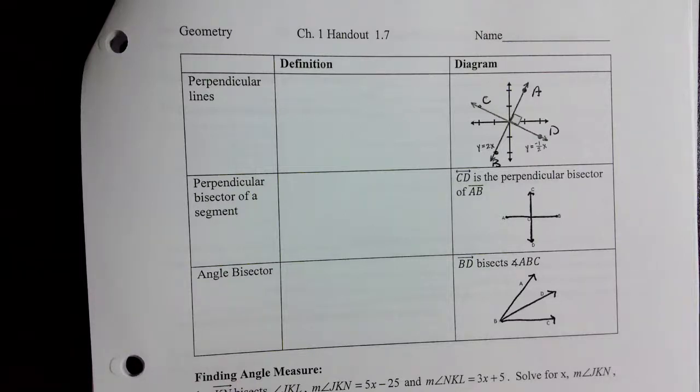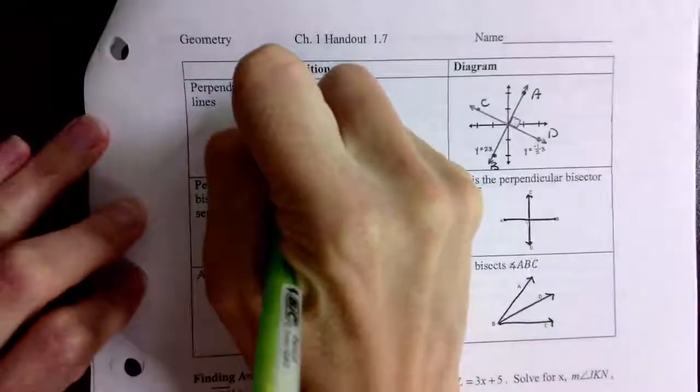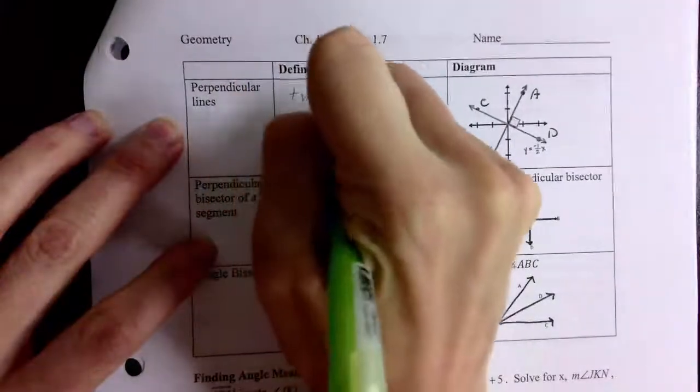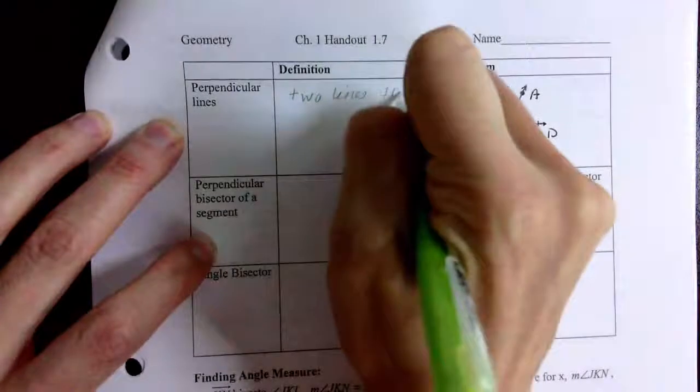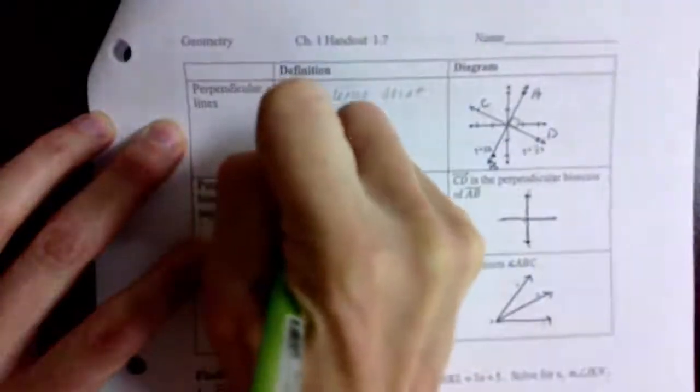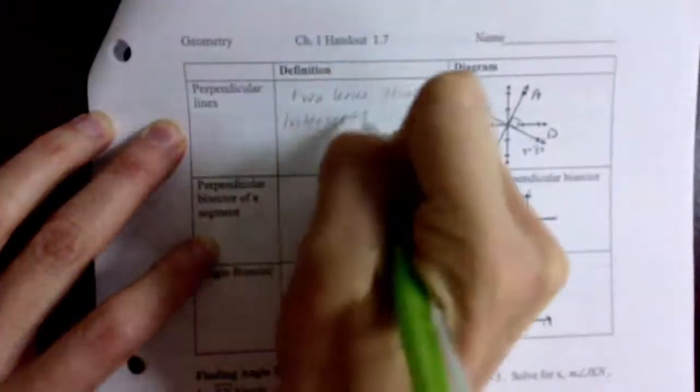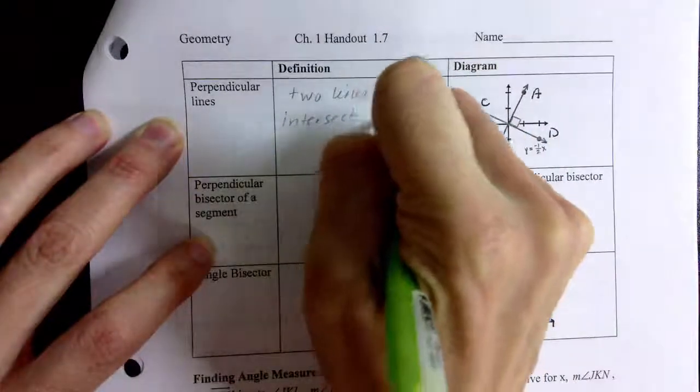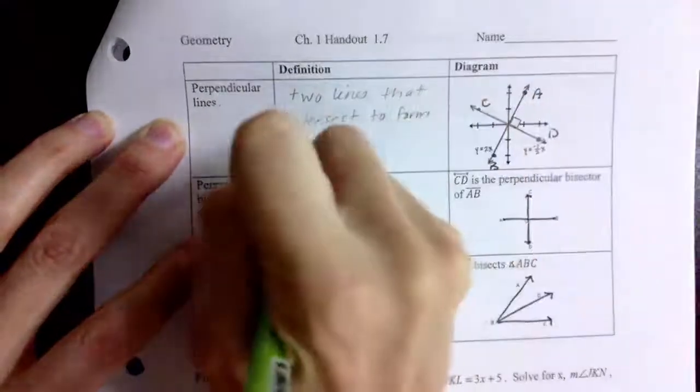Perpendicular lines, you guys have studied these before, so what we're going to fill in for today is this is going to be two lines that intersect to form right angles.